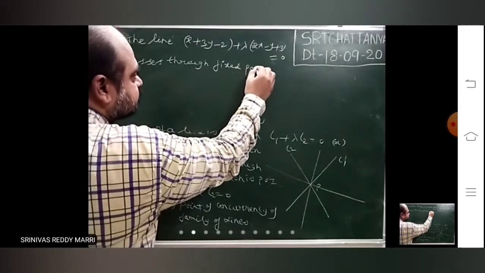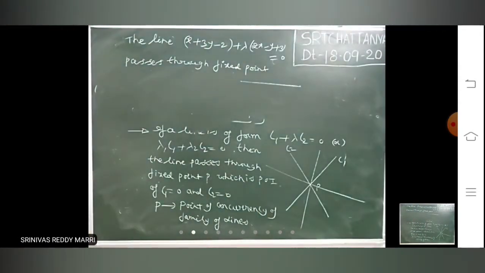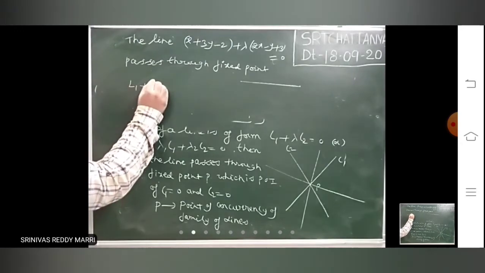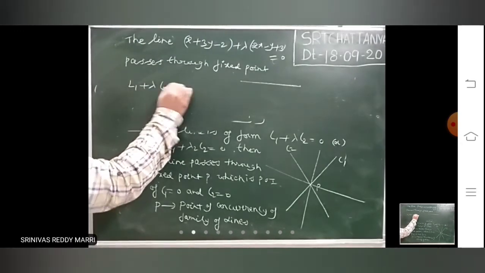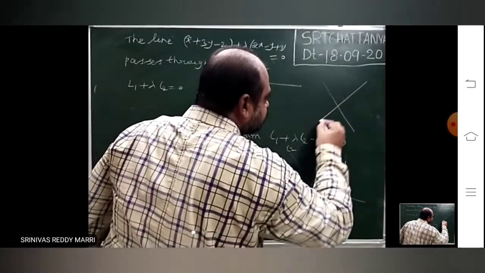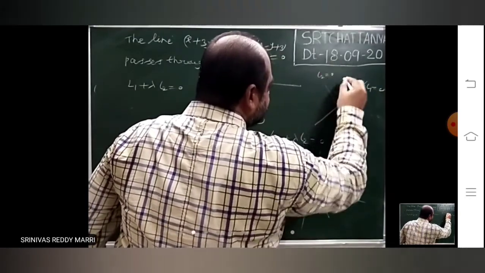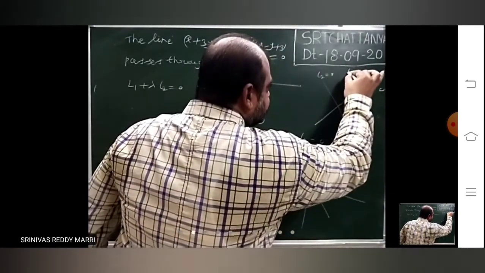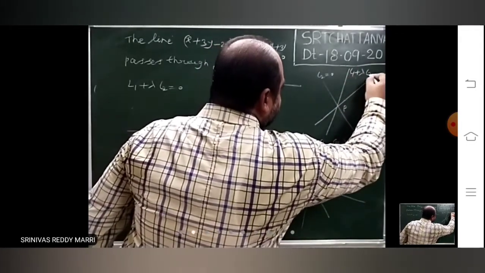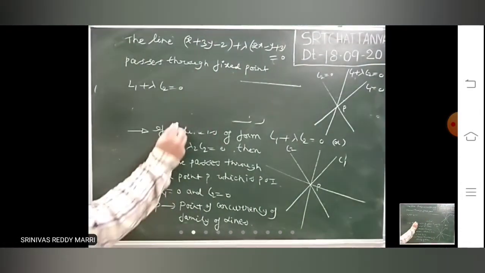Suppose they ask like this, passes through fixed point. That means this line is of the form L1 plus lambda L2 equal to 0. This line represents a line passing through the point of intersection of L1 equal to 0 and L2 equal to 0.